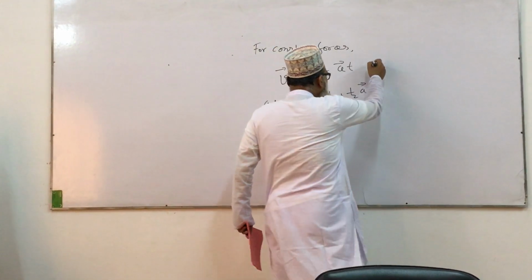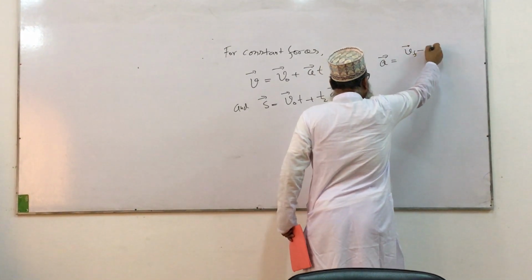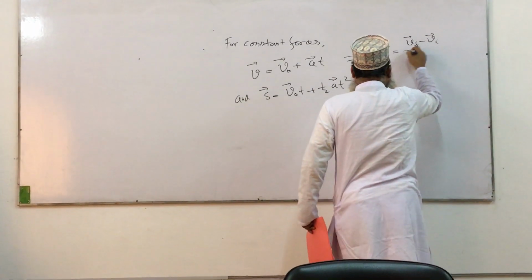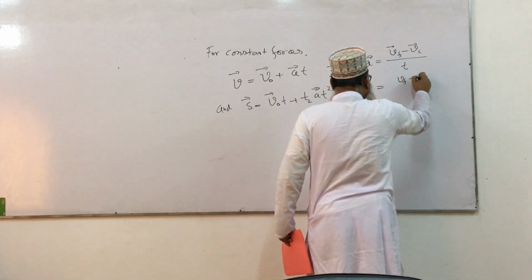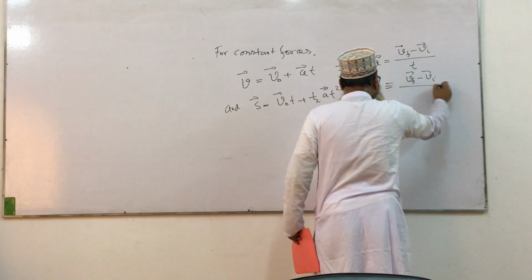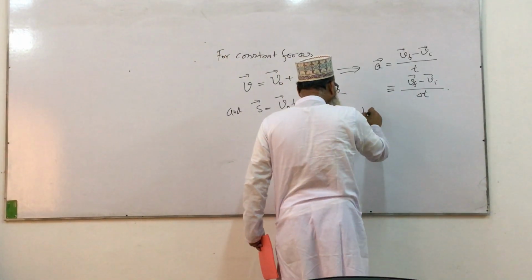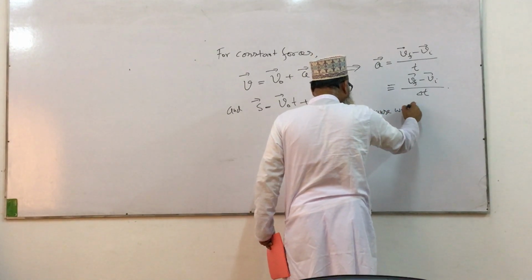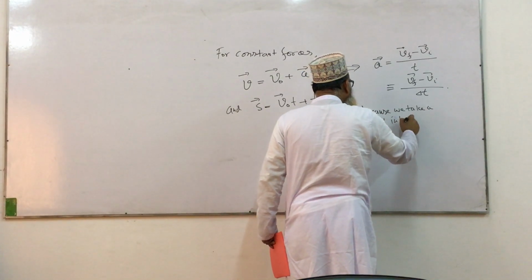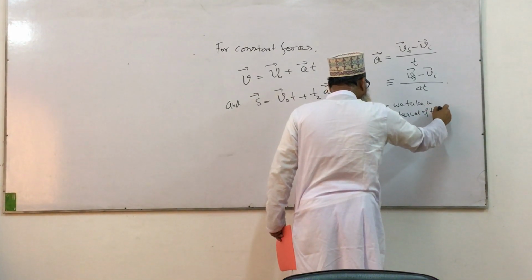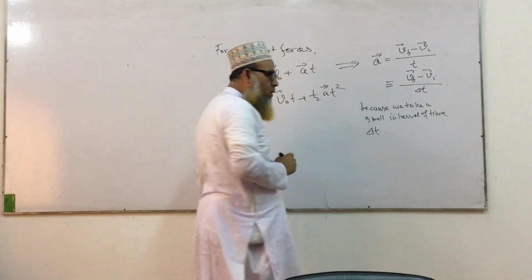In this way, from this formula, we can write A equals Vf minus Vi divided by T. But we shall write it as Vf minus Vi by delta T, because we take a small interval of time delta T. Okay?